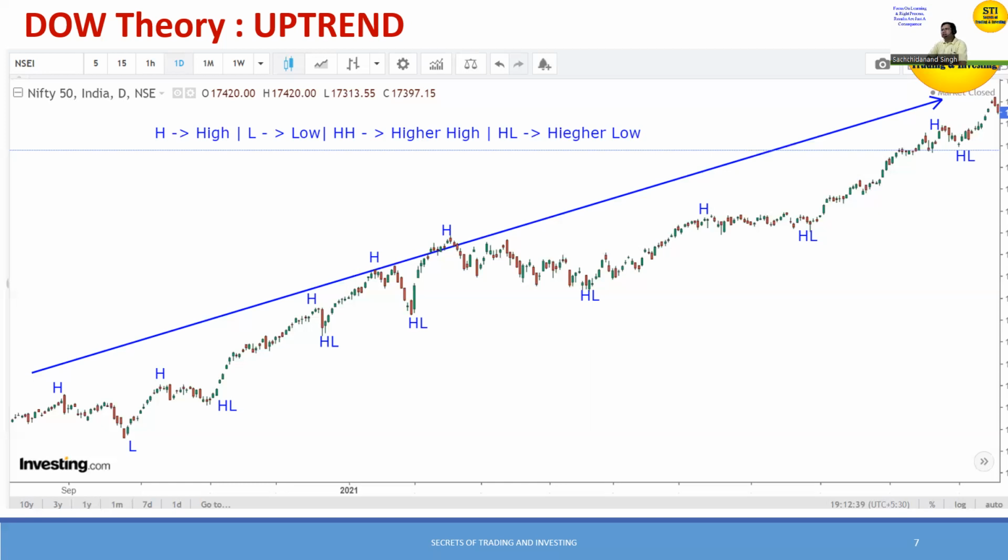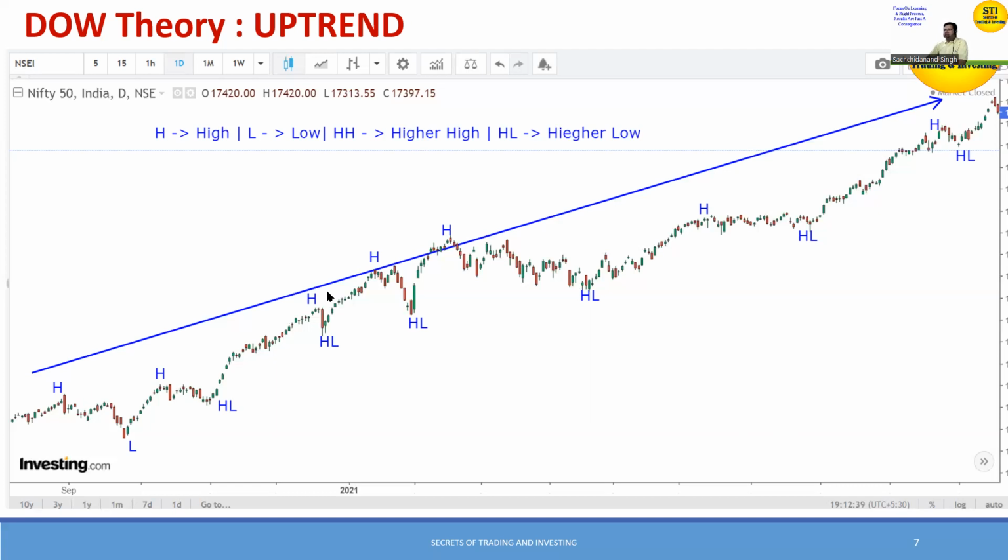So no matter whatever the time frame, to identify the uptrend, Dow theory says that if the price is making a higher high, that means the next high is higher than the previous high, and again the next high is higher than the previous high, and so on and so forth.